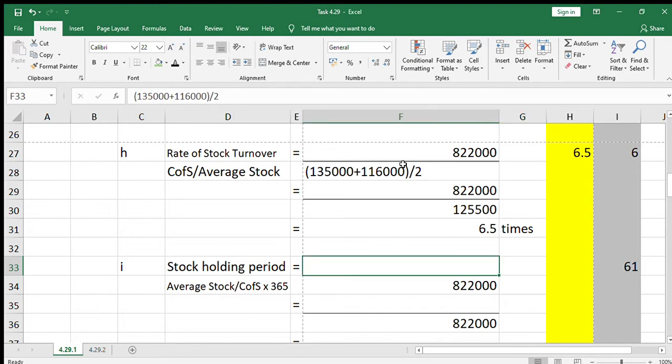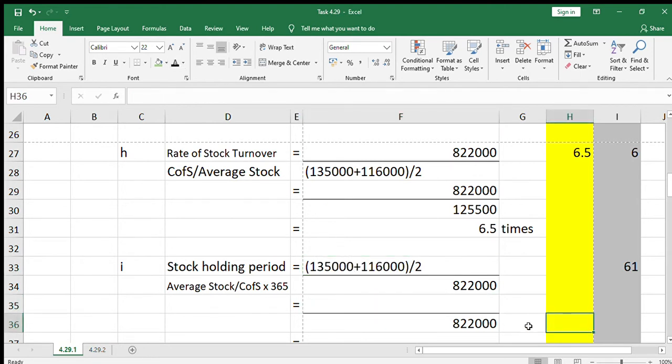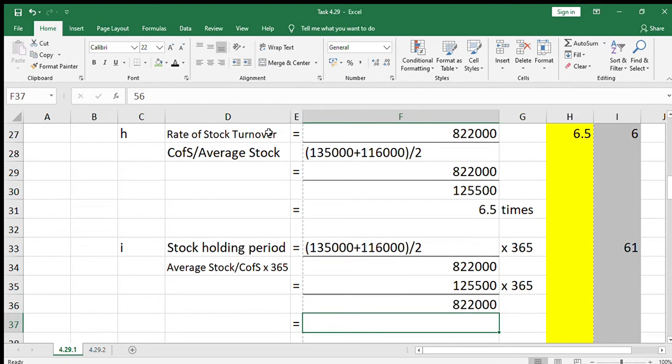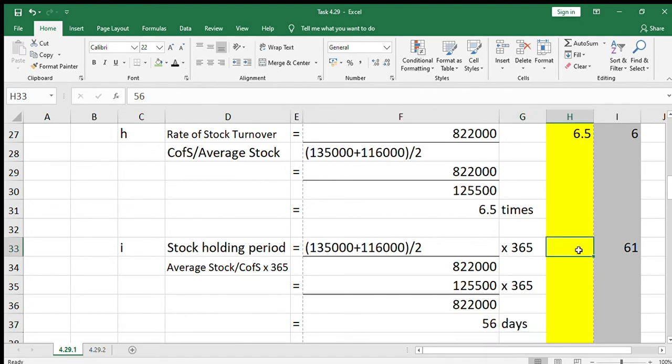The average stock, we can repeat the calculation that we have above: 135,000 plus 116,000 divided by 2, which gives us obviously 125,500. Okay. Remember, you multiply your answer by 365 this time because we need it to be in days, right? Okay, and our final answer is 56 days. So I'm just going to put that answer in as well.